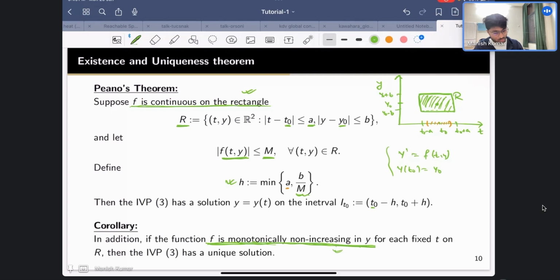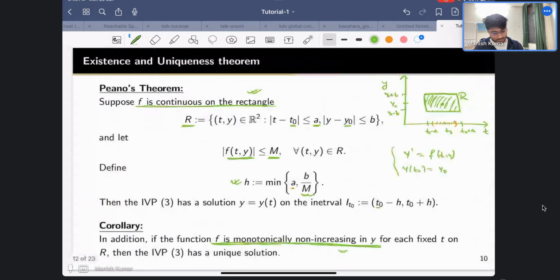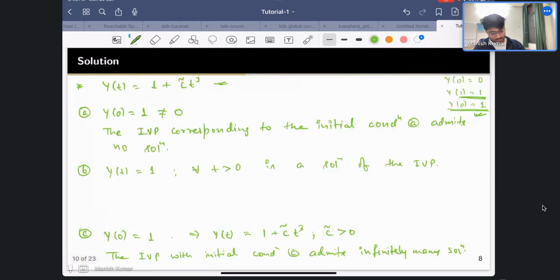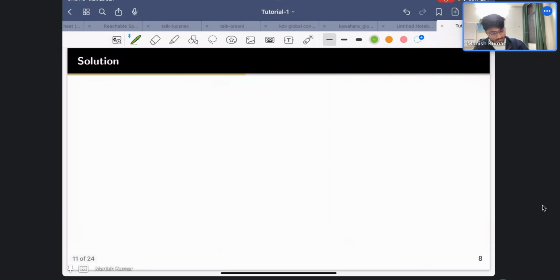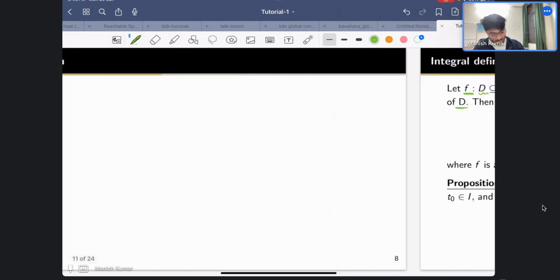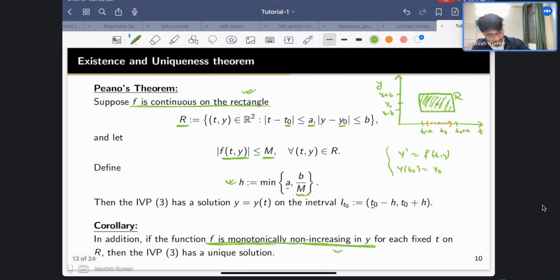Do you know the proof of this? Then I think I'll just give a sketch.